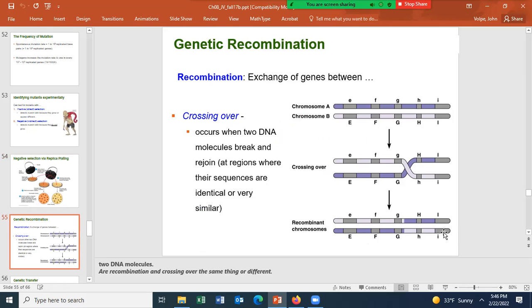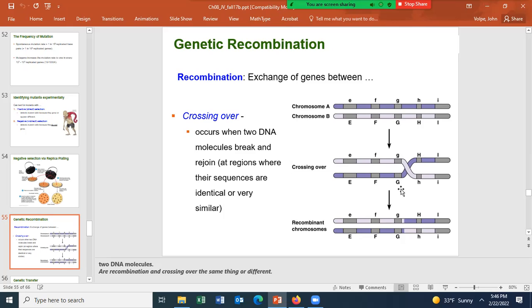Genetic recombination is the exchange of genes between two DNA molecules. Recombination is similar to crossing over. Crossing over is when two DNA molecules come together and then literally cross over, and then they break right here, where one portion of the chromosome, let's say that's the mother's chromosome, combines with the chromosome that came from the father.